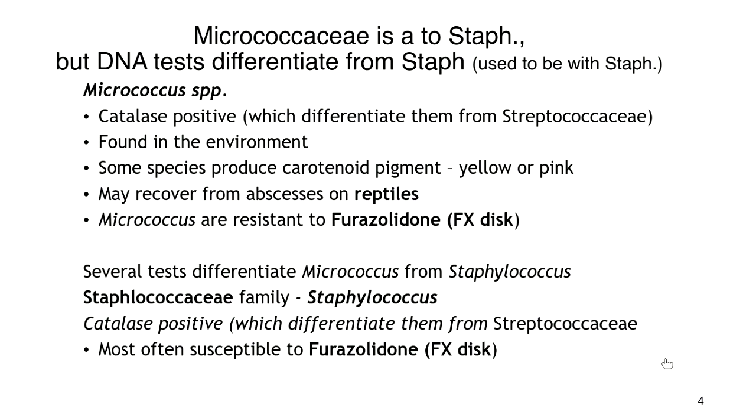And Micrococcaceae is also a staph, but the DNA test, so I'm sorry, this is a typo up here on the slide, that should be also a staph. But DNA tests differentiate it from the staph.